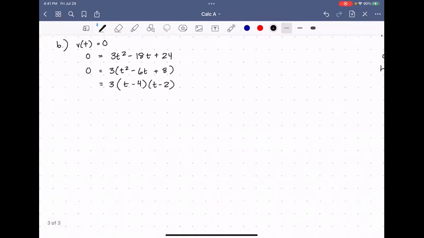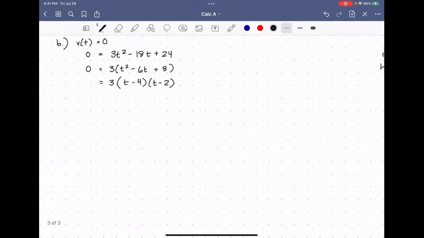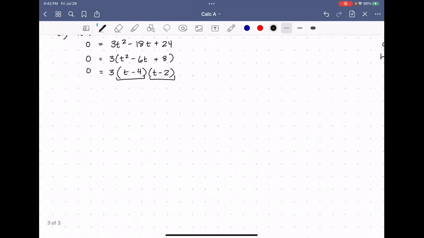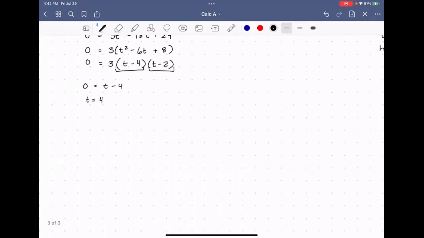Okay. So we want to know the time. So we can do this in parts. If 0 is equal to t minus 4, t is going to be equal to 4. The way I got that was I added 4 to both sides.